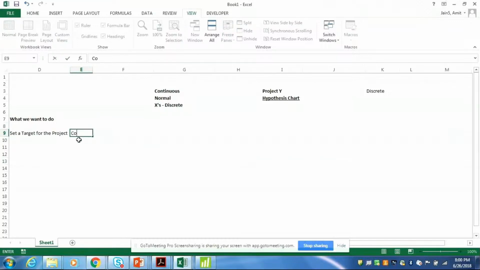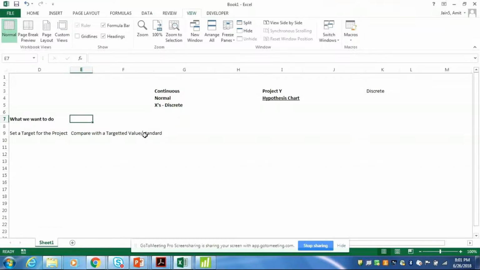So you would compare the project data with a targeted value or a standard. Let's say the average handling time was somewhere about 20 minutes.